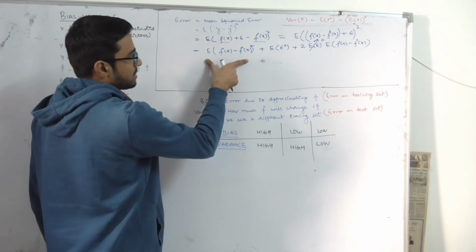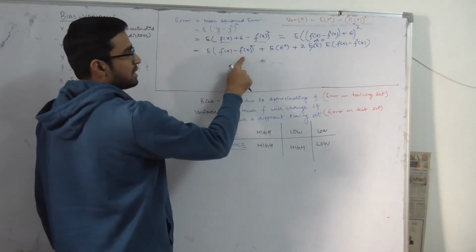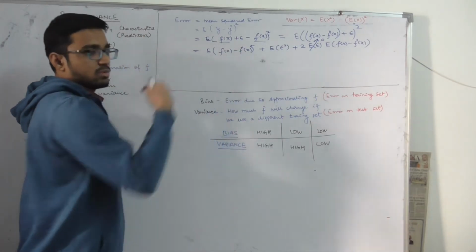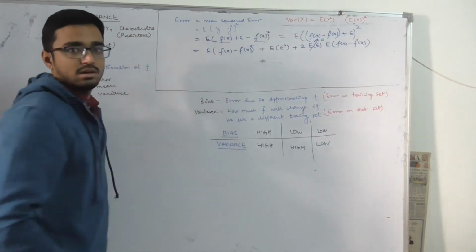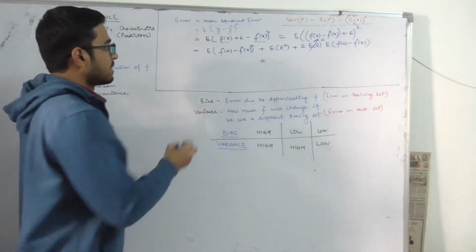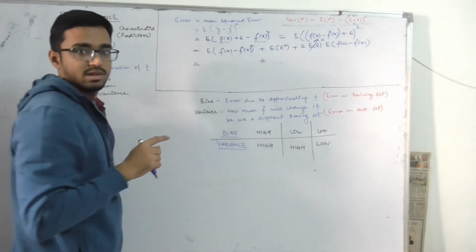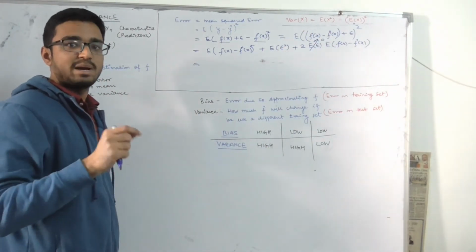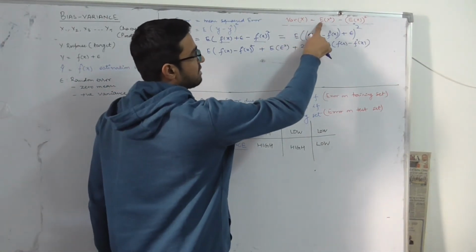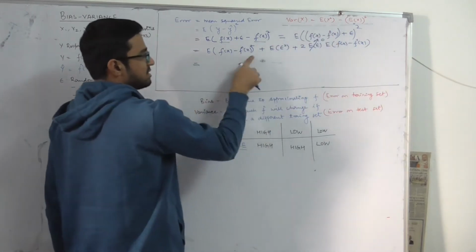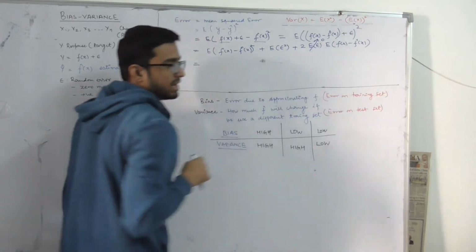And for this term, I can write it as variance of this term plus (expected value of this term) whole square. I am just bringing this term to this side and replacing the equality, nothing else. So if I put x equal to f minus f cap, what would I get? Variance of (f minus f cap) is equal to expected value of (f minus f cap) whole square, this term, minus (expected value of f minus f cap) whole square.